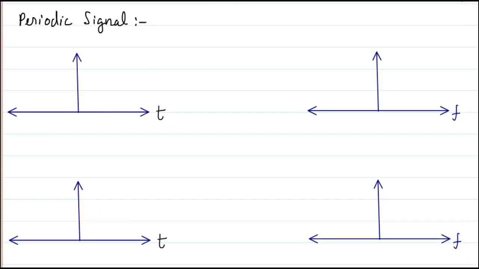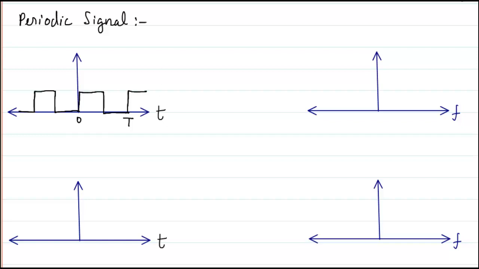Now take the case of a periodic signal. A periodic signal can be drawn something like this. It's a waveform which is repeating itself from minus infinity to plus infinity, and there is a repeated time period, let's say capital T, and it keeps on repeating that same signal again and again.